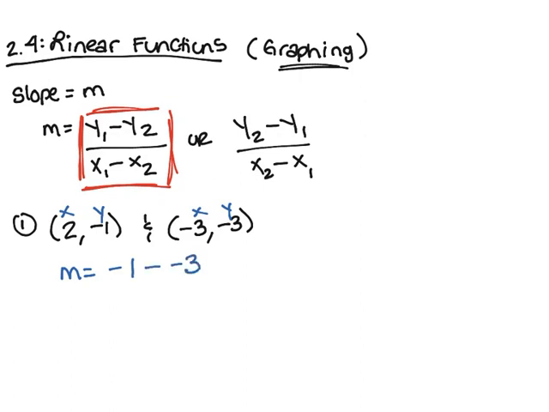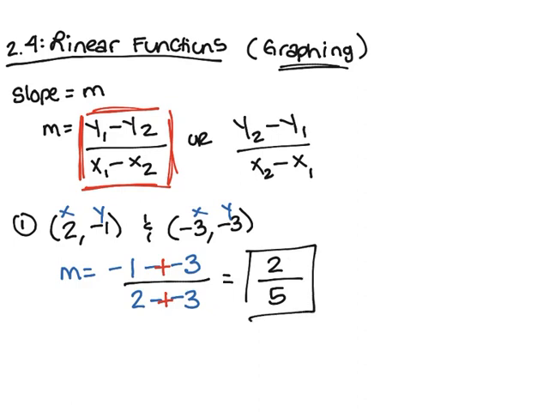And we know that 2 negatives make a plus. Over 2 minus a -3. And again, those 2 negatives make a plus. So we have -1 plus 3, which is 2, over 2 plus 3, which is 5. And our slope is 2/5.